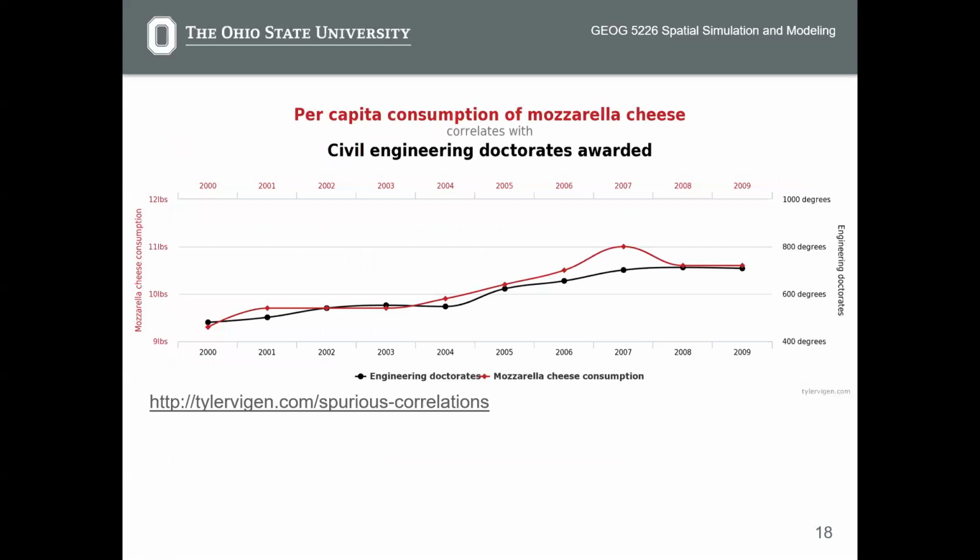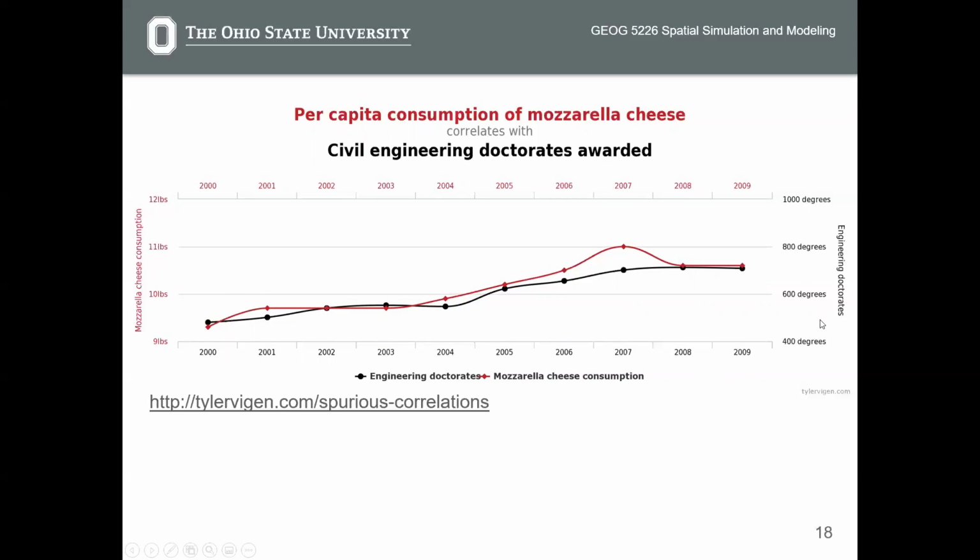For example, here is a figure showing two things. Red is for per capita consumption of mozzarella cheese, the red curve, by time from 2000 to 2009. And the black curve here is for civil engineering doctorates awarded in the same time period. The left vertical axis is for the consumption of the cheese.